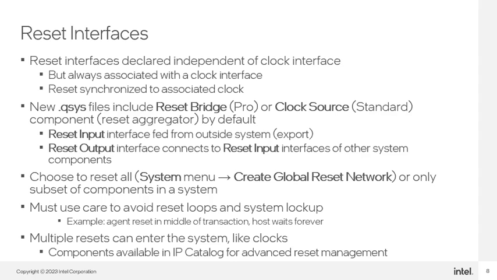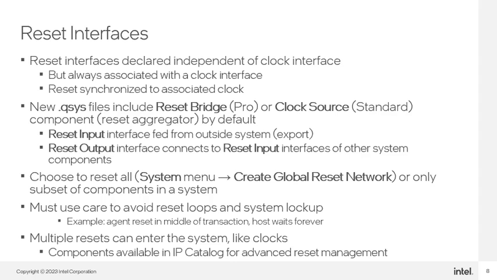You can also choose to make specific connections between certain reset output and input interfaces, giving you complete control over resetting individual components in the system. With this configuration, a given component can be reset by a particular subset of all the reset sources in the system.